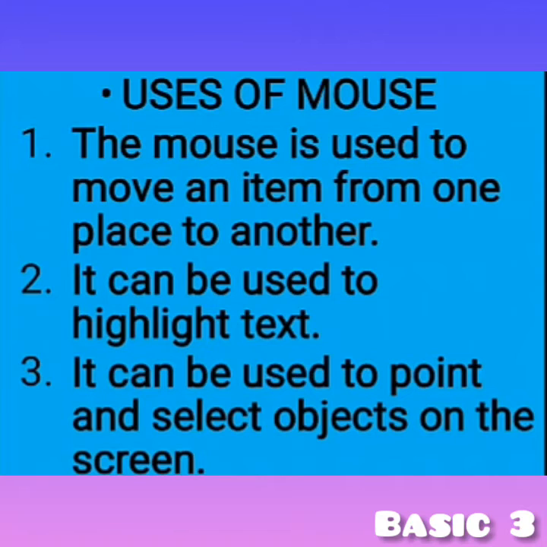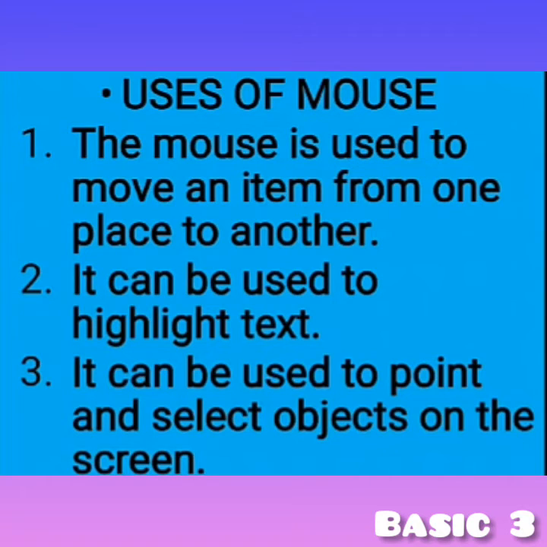Number 2, it can be used to highlight text. How can this be done? With the use of the mouse. This can be done by clicking the left of the first character you want to highlight.